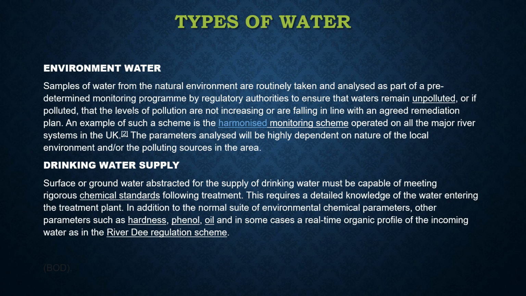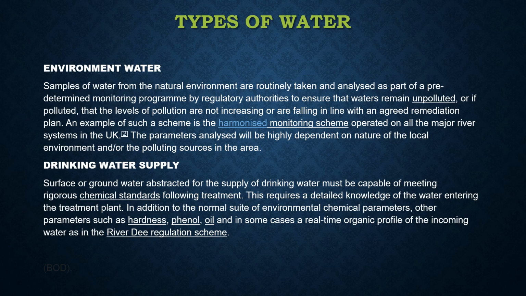An example of such a scheme is the monitoring scheme operated on all the major river systems in the UK. The parameters analyzed will be linked to polluting sources in the area.